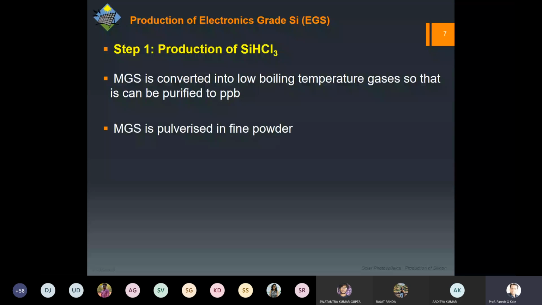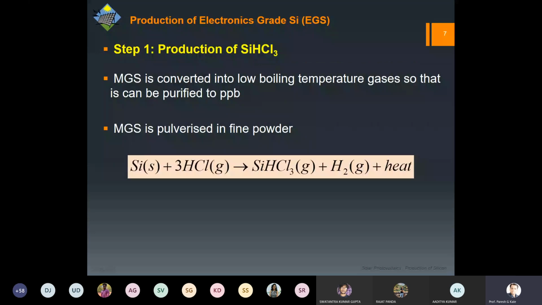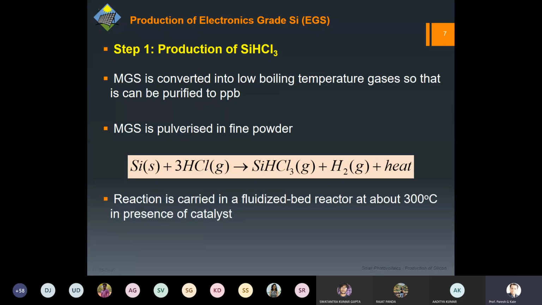Okay, so this MGS is pulverized into fine powder, so that we increase the area, and it can then react with the HCl, that is the acid we use. So we pass the HCl in form of gas, and that reacts with the fine powder, and it makes the trichlorosilane, and the hydrogen gas is released.